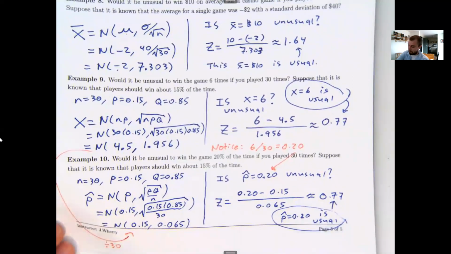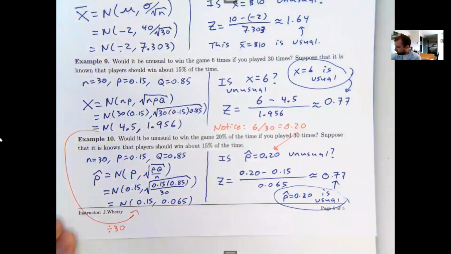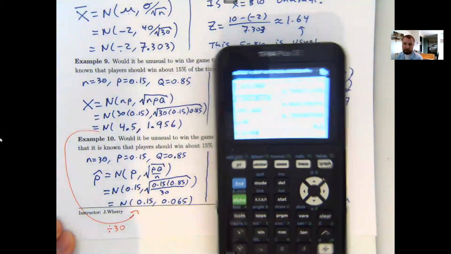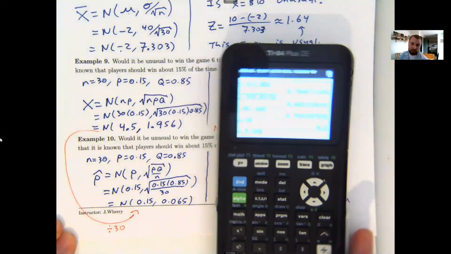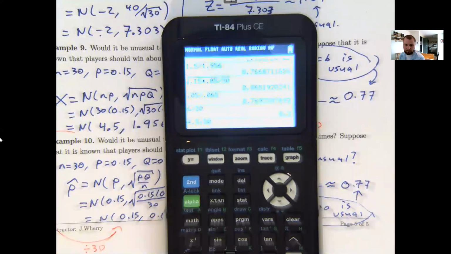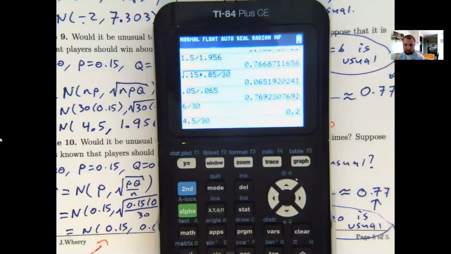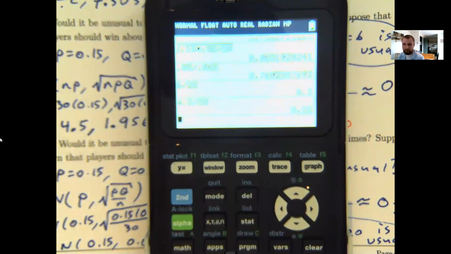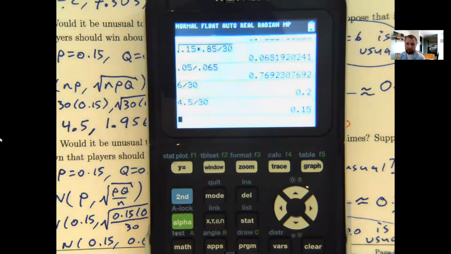Let's try that out. So in my calculator, I'm going to take 4.5. I'm going to divide it by 30. I'm taking a count, and I'm going to rewrite this thing as a percentage instead. And 4.5 over 30 gives me 0.15. There's my success rate. Great.